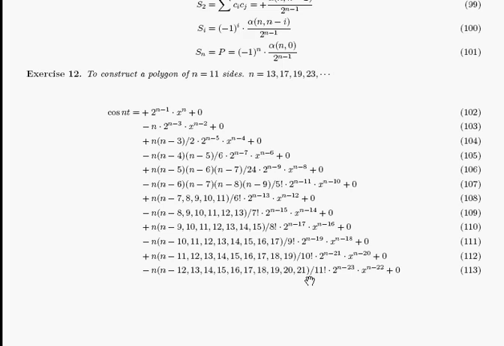Okay? Over 2 factorial, 3 factorial, 4 factorial, 5 factorial, 6 factorial, 7 factorial, 8 factorial, 9 factorial, 10 factorial, 11 factorial. This does not depend on this 12. This does not depend on this 22.